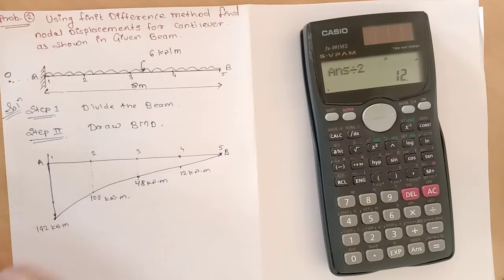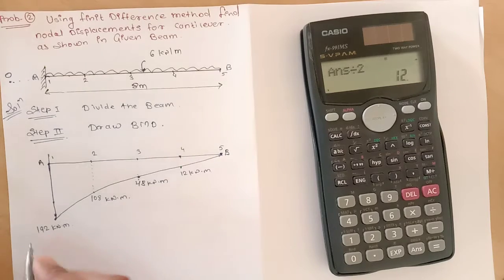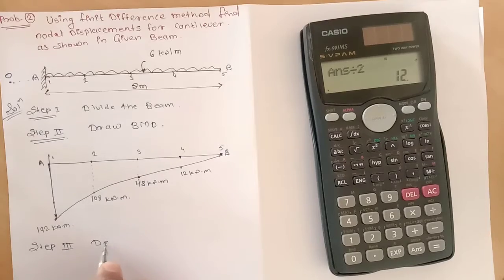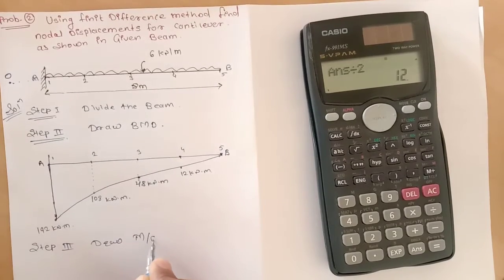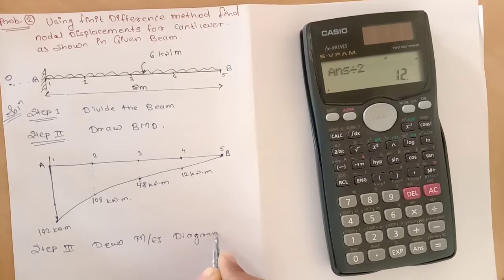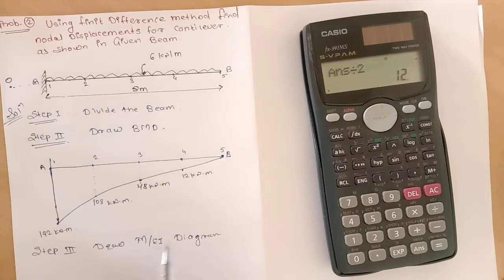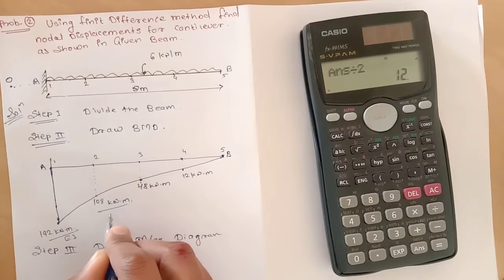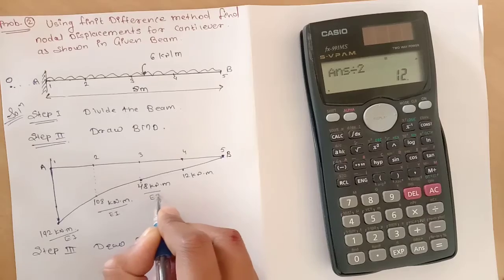Then next, step number three, that is draw the M upon EI diagram. It is the same diagram, only EI is added, so each value is divided by EI.